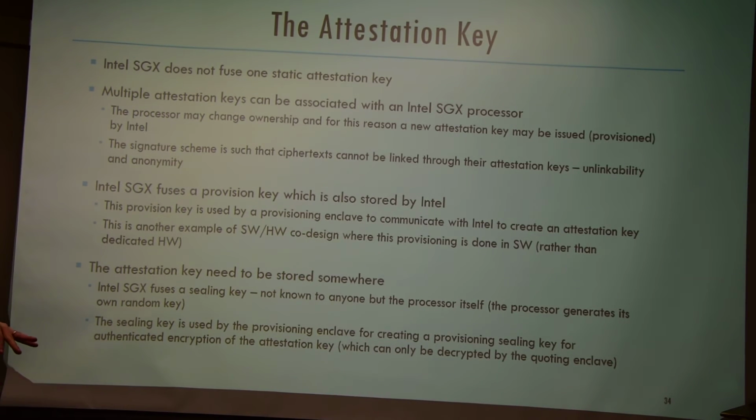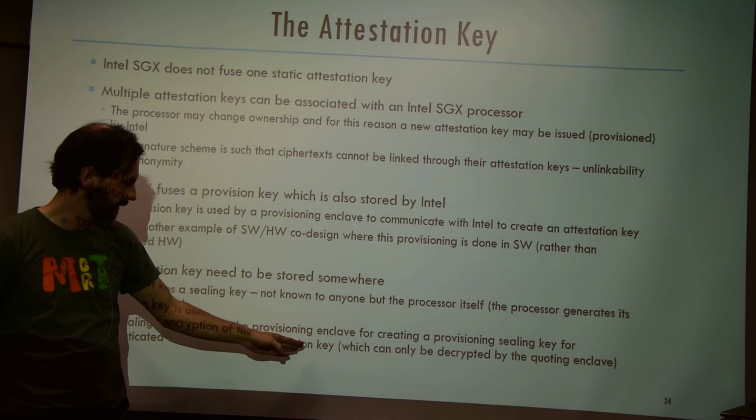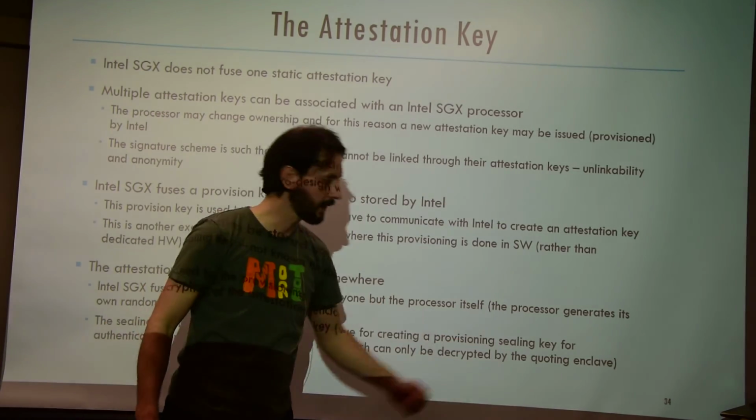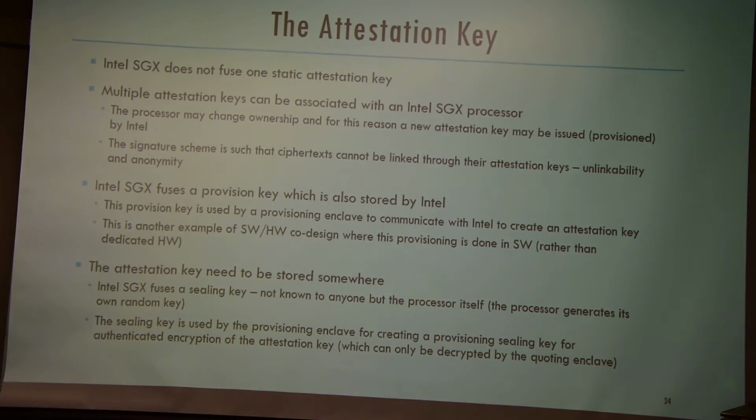It's created at random by the processor itself and not communicated to outside the processor at all. So it uses that sealing key to use authenticated encryption of the attestation key so that the quoting enclave can get it and no one else. So now you're in good shape.